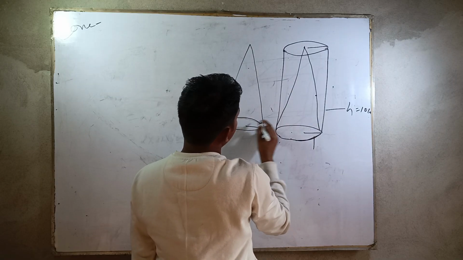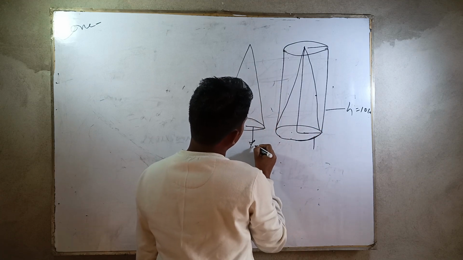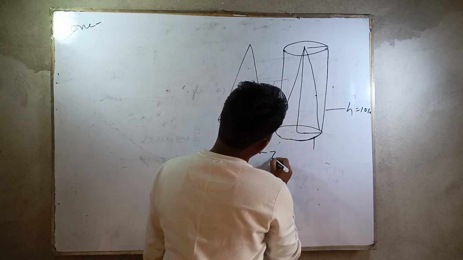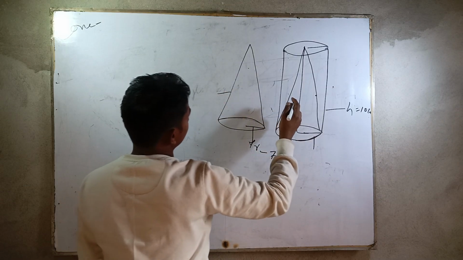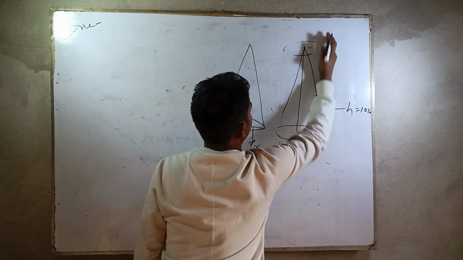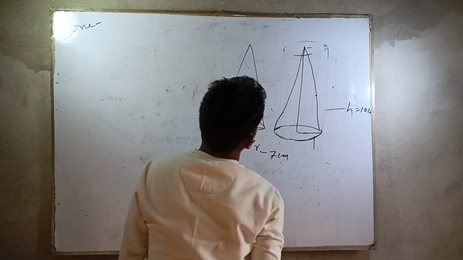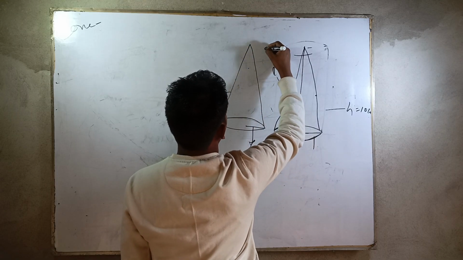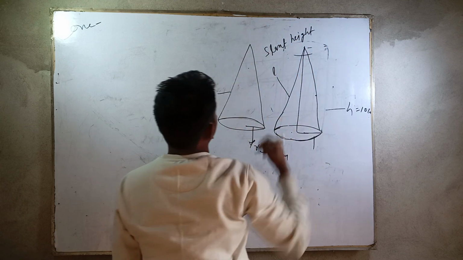This one is called r, the radius, given as 7 centimeter. Now this one is l, so l is the slant height.